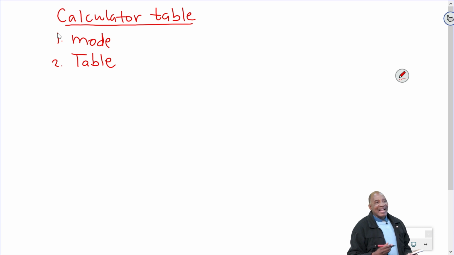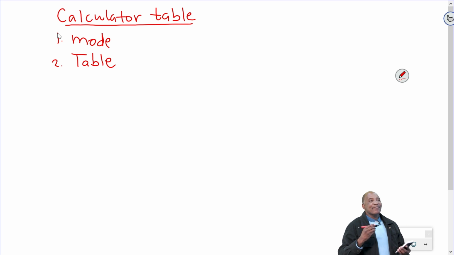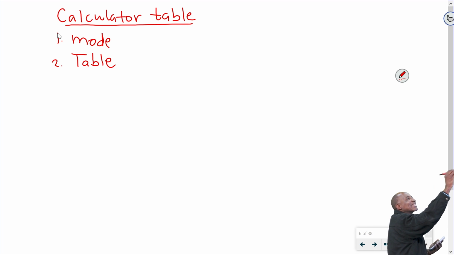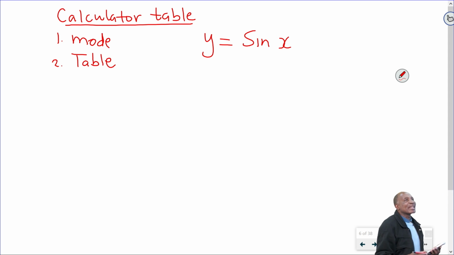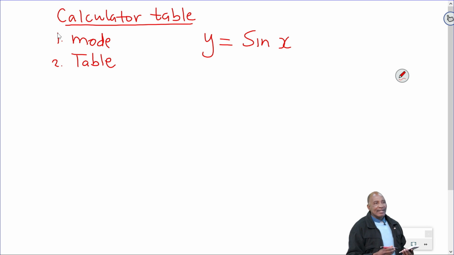It will ask you to put a function. Right now mine says function, meaning enter a function. Our function is y equals sine of x, our x being the angle. From there, you enter your function.